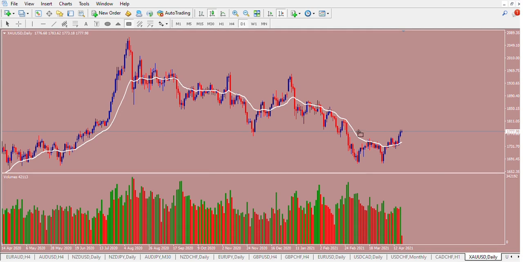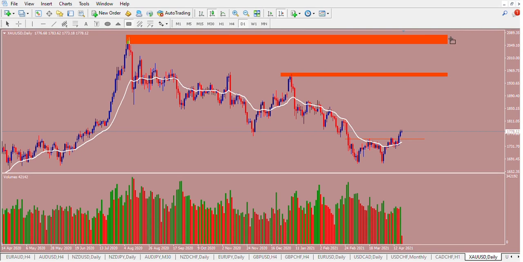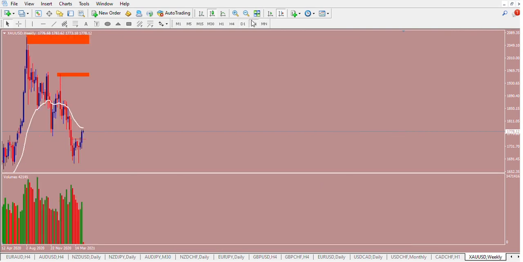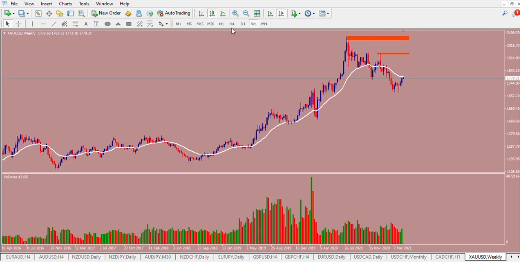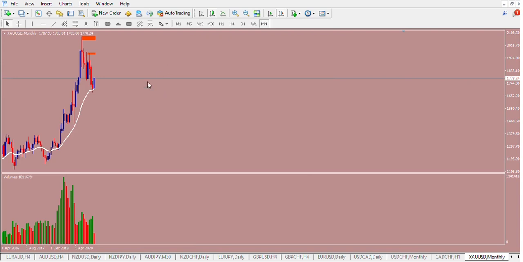At this particular zone, a close above this zone will allow me to target up here, and a close above here will allow me to target here. So right now, gold has touched its target for the week. I just want to see how the month will close. The way the month closes will decide if we will be taking gold back to wherever it fell from.